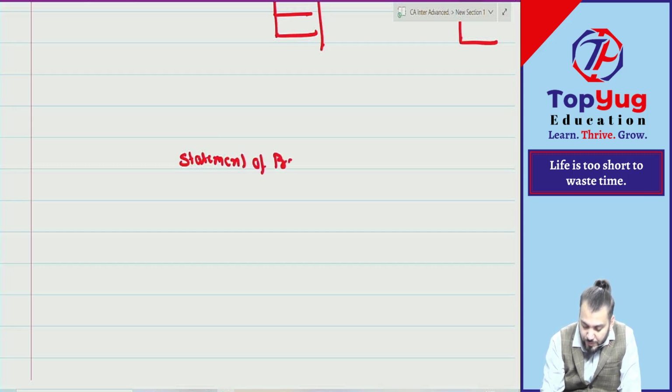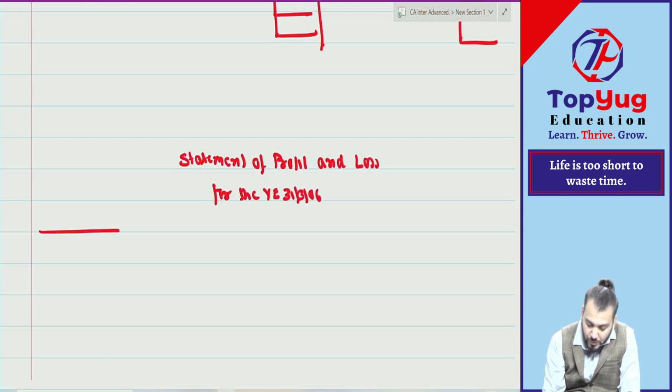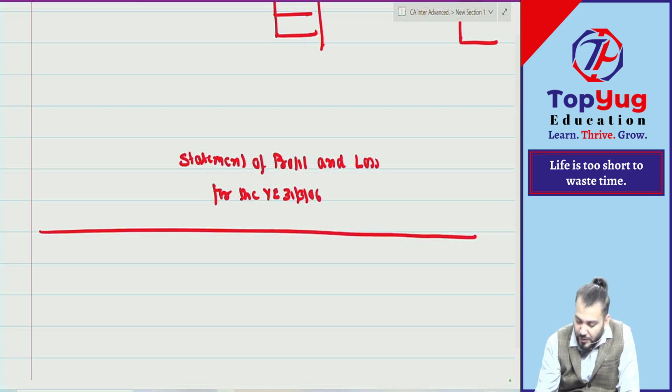Statement of profit and loss for the year ended 31st March 2006. How much trading profit they have given?